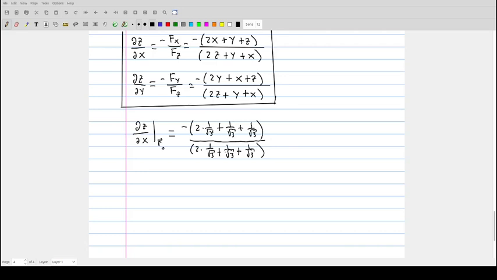And the numerator here is the same as the denominator here, so this is just going to be negative 1.